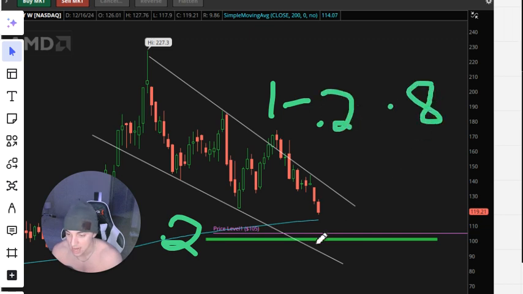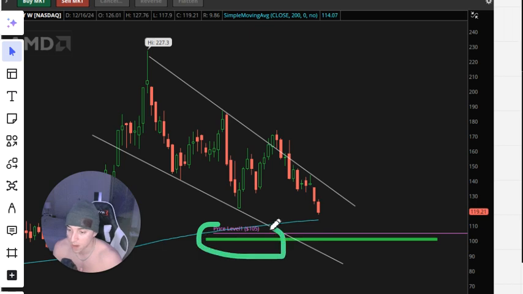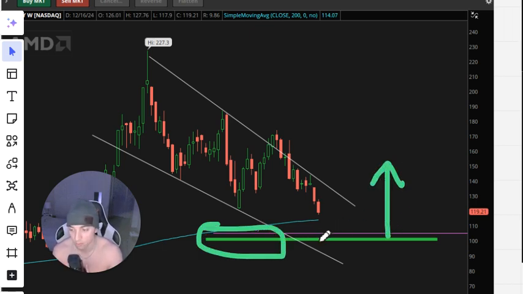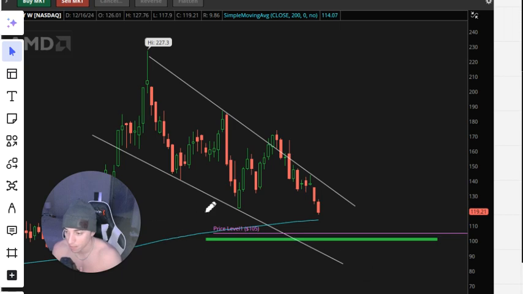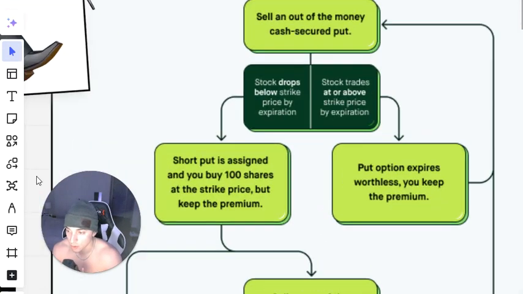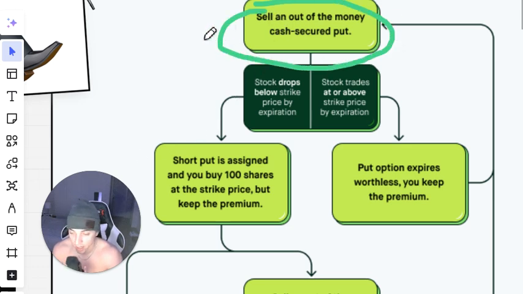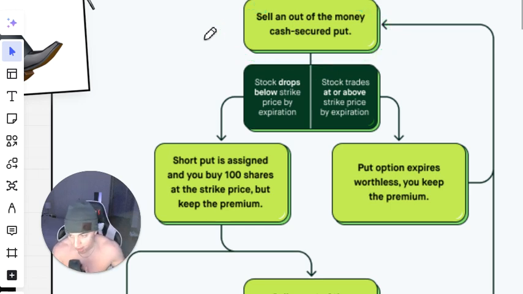That means there's an 80% probability that by expiration, this stock, AMD, stays above my 105 strike price. The only thing that happens on this whole diagram is that I keep my premium for the put. And I can do it again and again and again.